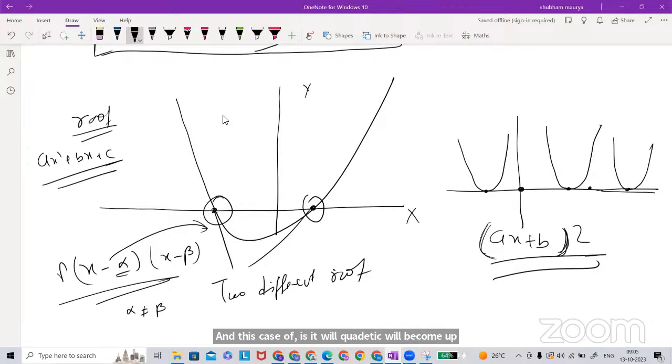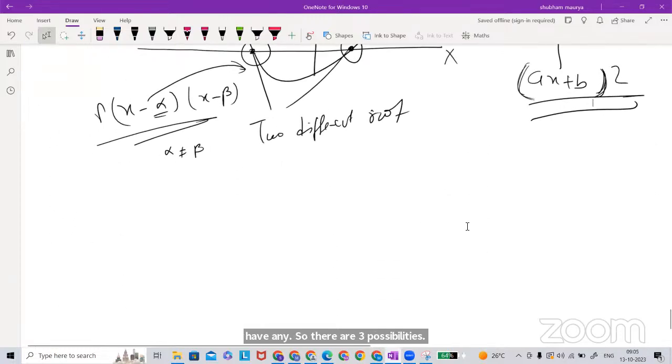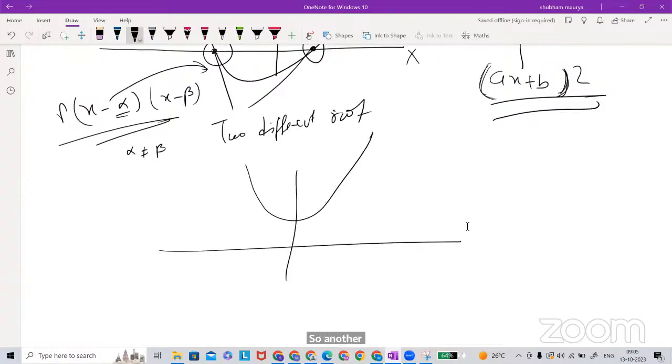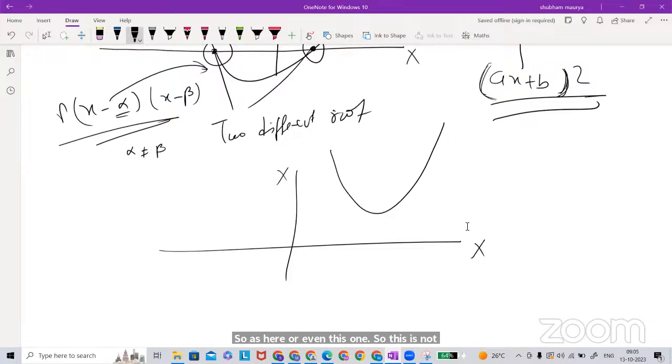And there is one more possibility, that the quadratic doesn't have any root. So there are three possibilities. This case is also possible, right? Without even touching or intersecting the x-axis, the quadratic is of this kind, as here, or even this one. This is not actually intersecting or touching the x-axis.